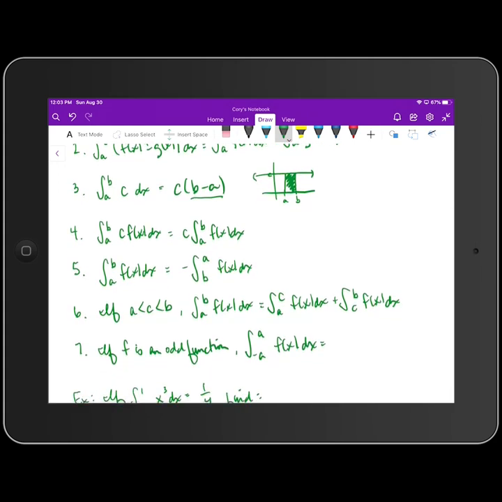Okay, property 6 says that if a is less than c, which is less than b, then the integral from a to b of f of x, which we're integrating with respect to x, is going to be equal to the integral from a to c of f of x plus the integral from c to b.